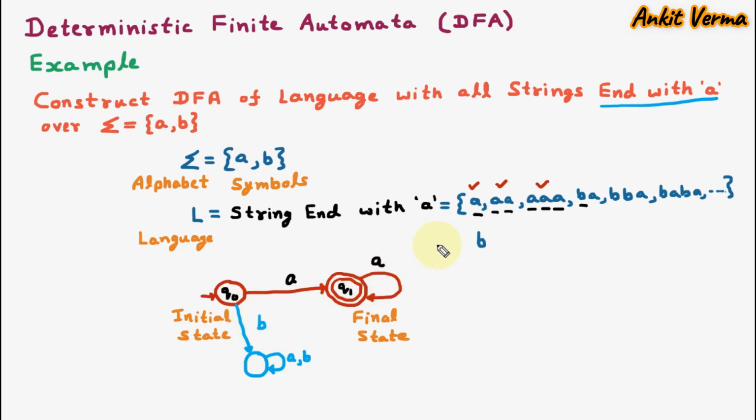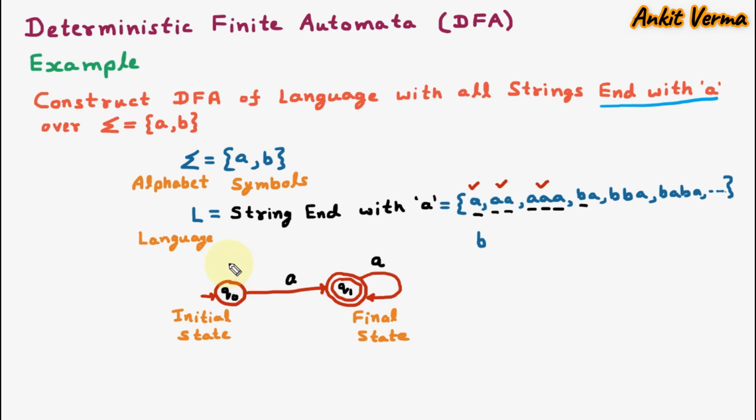The input may be BA. Whenever the first B comes, we put it into the dead state, and after that A may come, which we are not accepting. So we are ignoring strings like BA and BBA by putting them in the dead state by simply scanning the first B. So this is again not a possibility. We have to try something else.